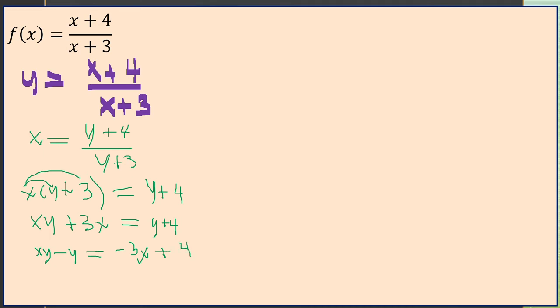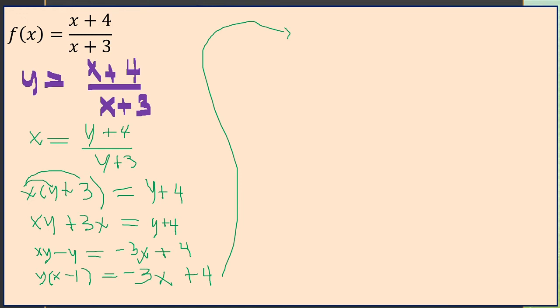And then factor out natin. Factor out, we have to factor y. So magiging y, the quantity x minus 1. And then dito, copy natin negative 3x plus 4. And then lipat natin dito sa taas para mas malinaw tayo makapag-solve.